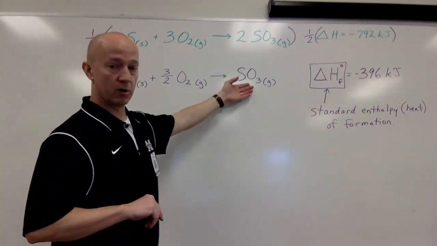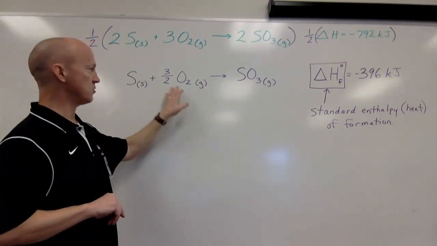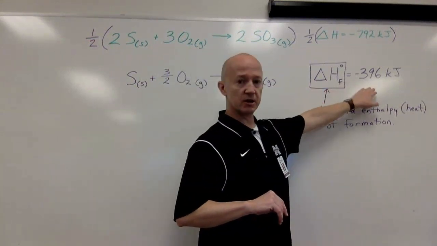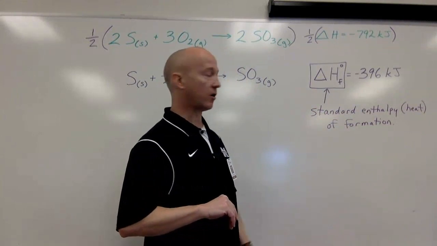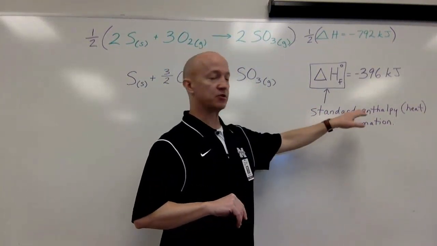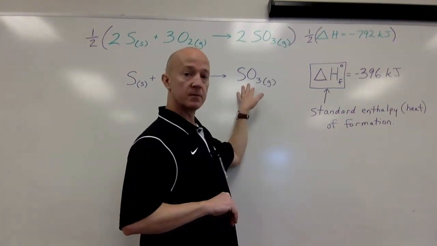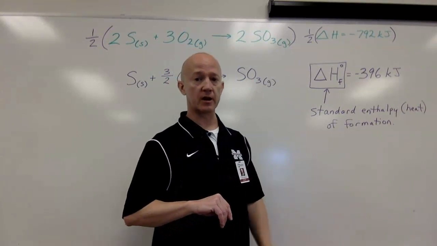So I get my 1 mole of SO3, and by the way, it's okay that we use fractions here. And I find that I get an energy of negative 396 kilojoules. This is what I call my standard enthalpy or heat of formation. In this case, the energy that it takes to form 1 mole of sulfur trioxide.